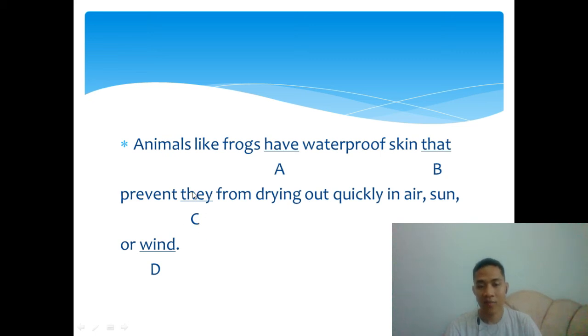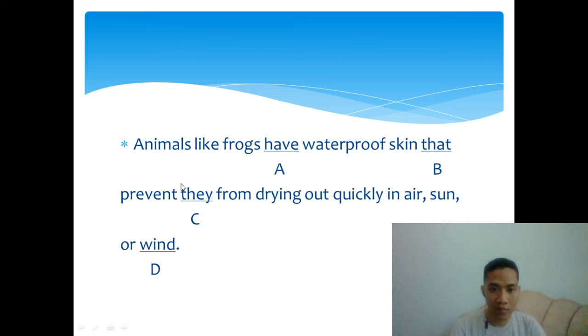Okay, remember this is about pronouns, and in a long sentence you need to see the position. Remember, if the pronoun comes before the verb, it means that this is subject. If the pronoun comes after the verb, it means that it is object. Okay, you need to know the position because the form will be different between subject and object.